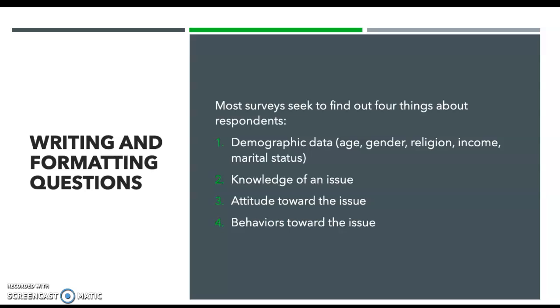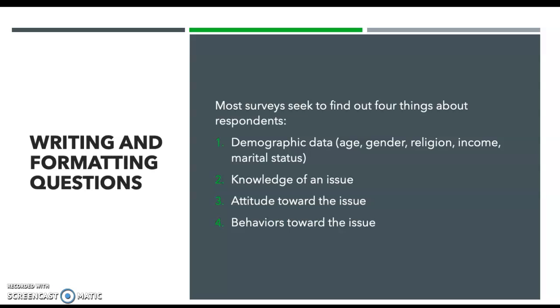The second thing that most people who design surveys want to know is the respondents' knowledge of an issue, their attitude towards a certain issue, as well as their behavior toward the issue.